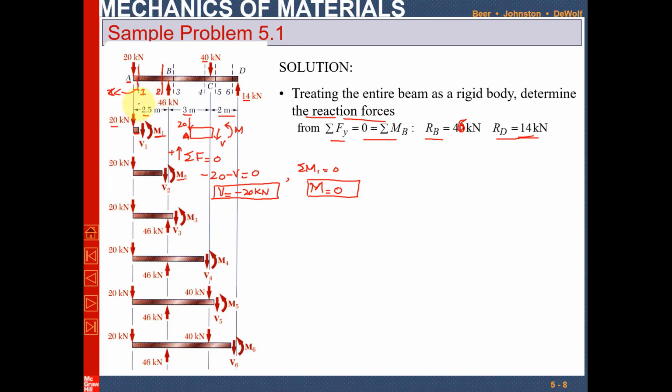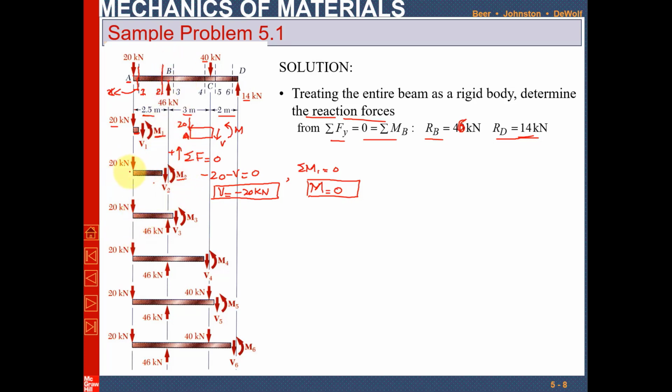The distance of section 2 from point A is assumed to be 2.5 meter, which is exactly the same point, but we assume that section 2 is just before point B, on the left side of point B. So we will find the shear force and bending moment for point B.